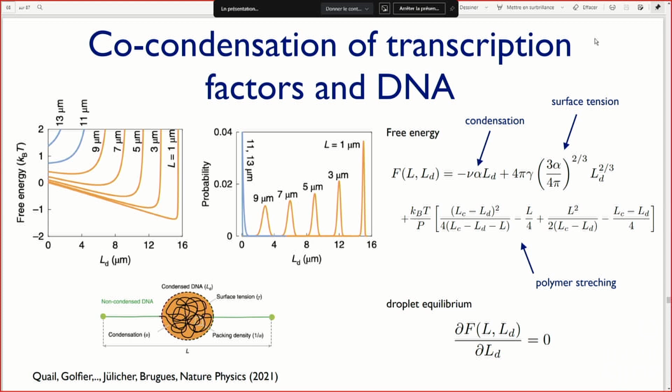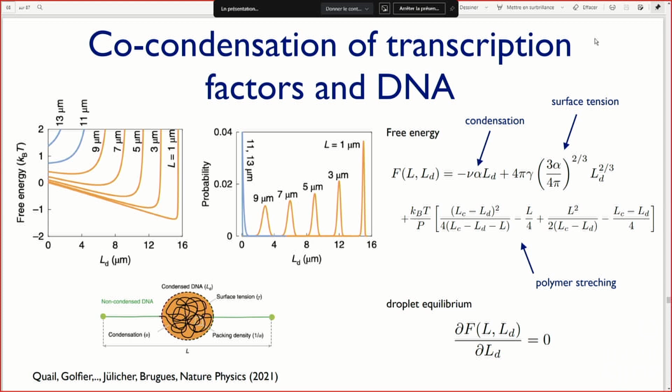And L here is the endpoint distance. If the endpoints are very near each other, then you get large droplets. The minimum is at a large LD, and if you now stretch the endpoints, then the droplets get smaller. The minima move to small LD.